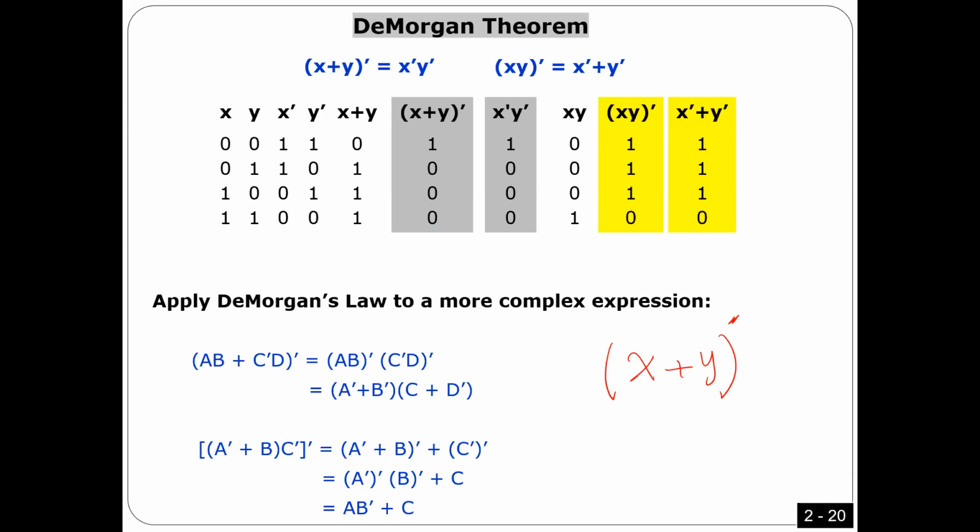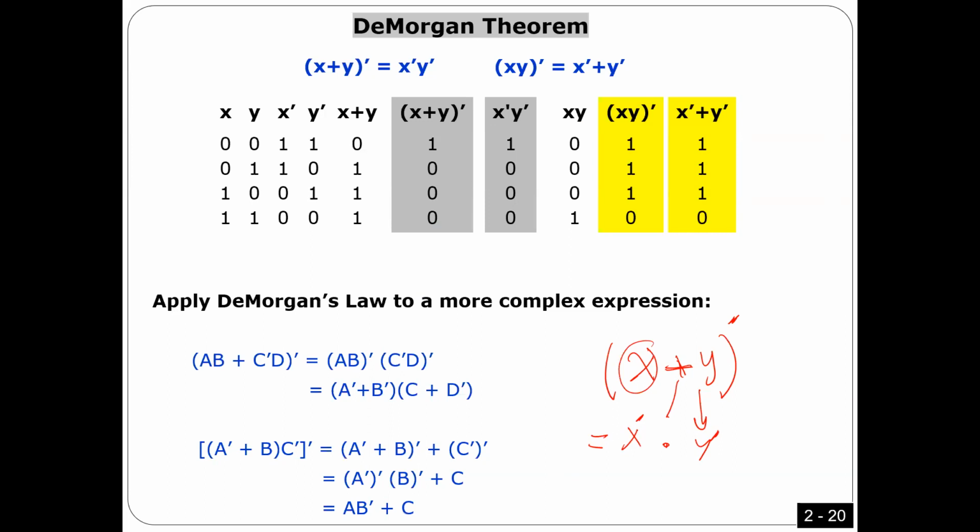So here, De Morgan told us if you have something like that, this should equal, you need to complement the first one, so it should be X prime, and you need to complement the second one. And any OR, you have to make it AND. Any AND, make it OR. And you have to complement the value.